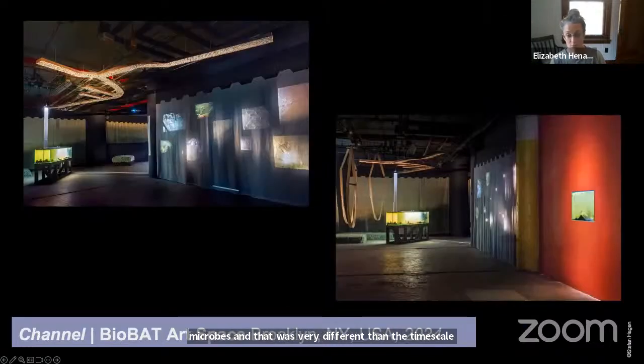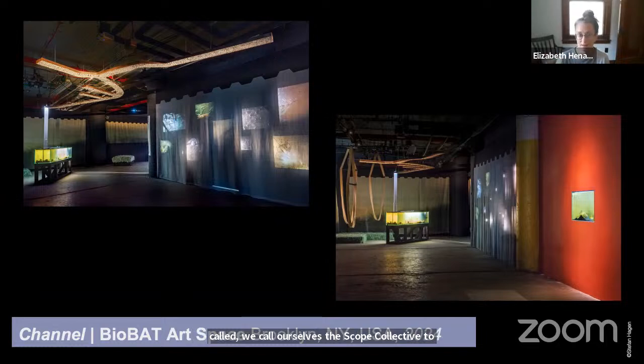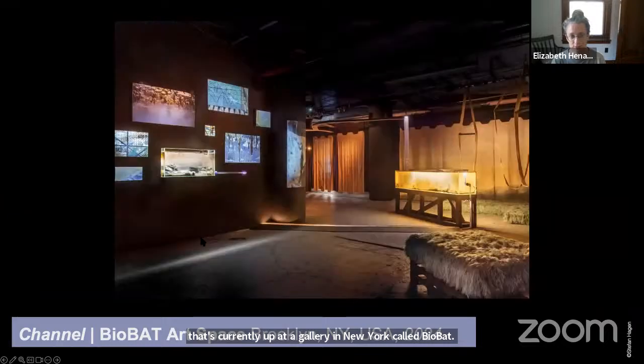I've collaborated with a really awesome group of folks we call the Scope Collective to produce art exhibits that try to make apparent the dynamic characteristics of invisible microbiomes. This is a show that's currently up at a gallery in New York called Biobat, with some giant tanks and also projected imagery.